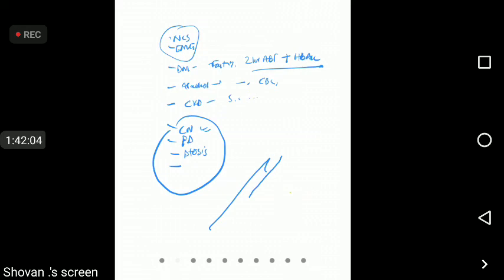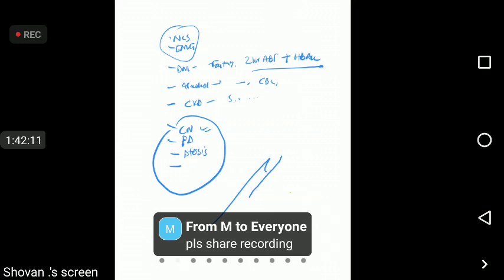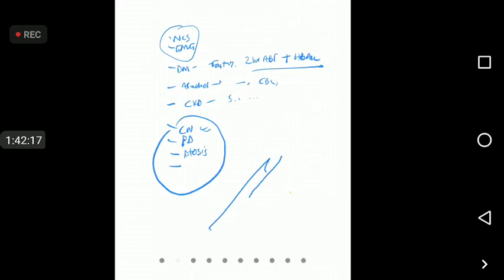Fine touch comes from the anterior column and crude touch is actually part of the dorsal column. Our aim is to examine the touch, whether it is lost from the anterior side or from the posterior, dorsal side. So I will check those modalities which are more specific and reproducible, that is pain.